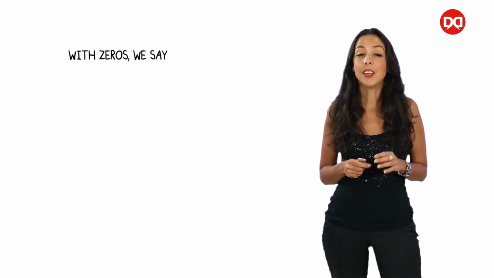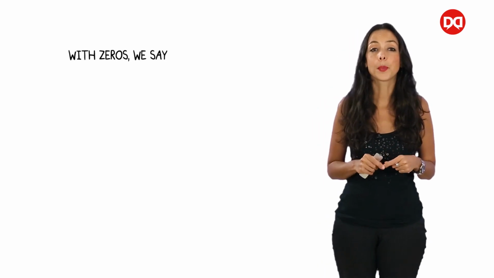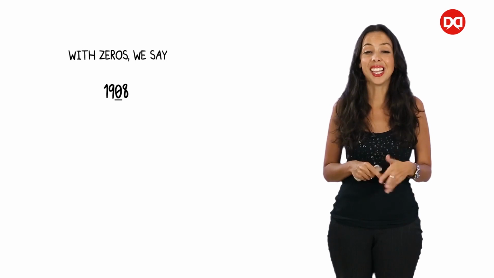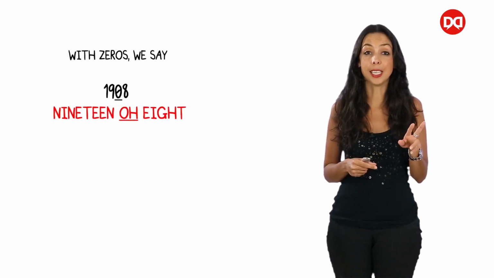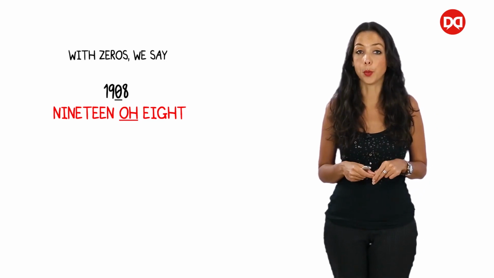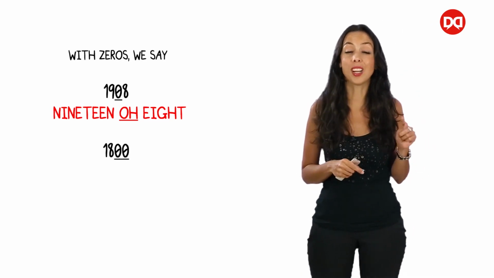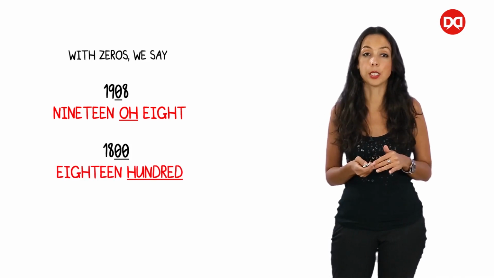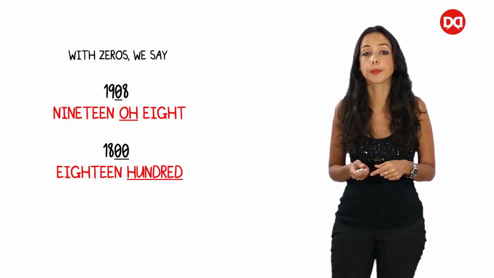With the years, if you want to say 0, it can change slightly. For example, 1908 as a year, we would say nineteen oh eight. So we separate it, like before, in two, but for the 0, you'd say O. If it was 1800, you'd say eighteen hundred, or 1700, seventeen hundred.